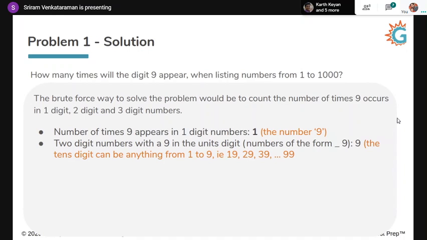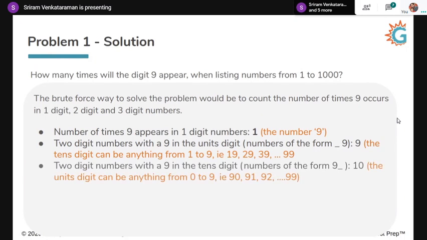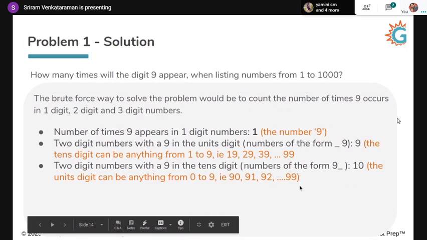Similarly, now I'm going to count how many times 9 can come in the tens place. It's going to come 10 times. Why? Because now the numbers are of the form 9 and blank, and the blank can also take the value 0 now. I can form the number 90. So from 90 to 99, there are 10 numbers where the digit 9 appears in the tens place.